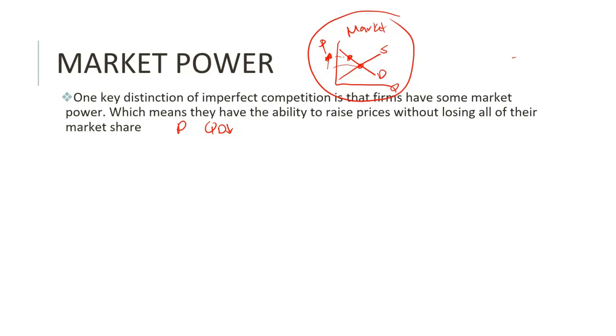They're going to have fewer customers, less total sales, but because they're able to control both the price and quantity, they can actually pick the spot that gives them the highest profit. And so companies in imperfect competition, especially monopolies, are going to be able to maximize profits and have more profit than if they were in a perfectly competitive market.